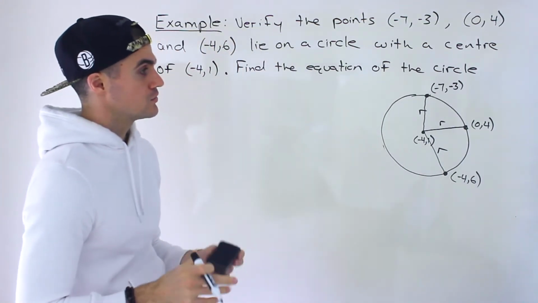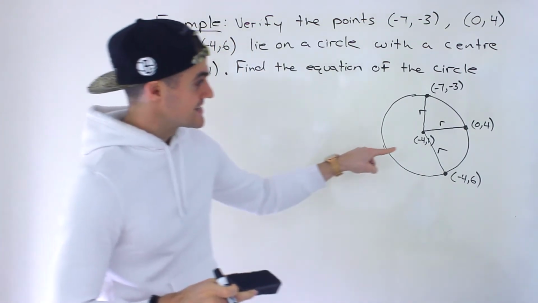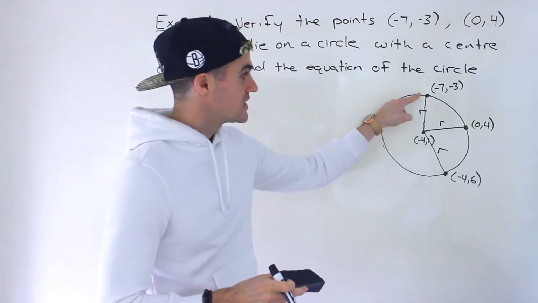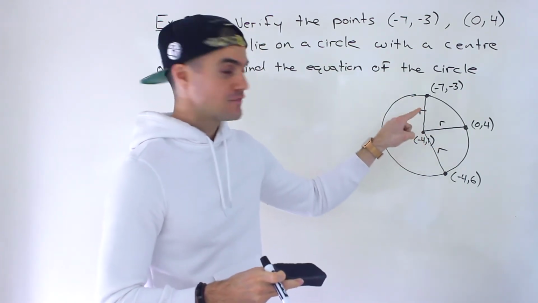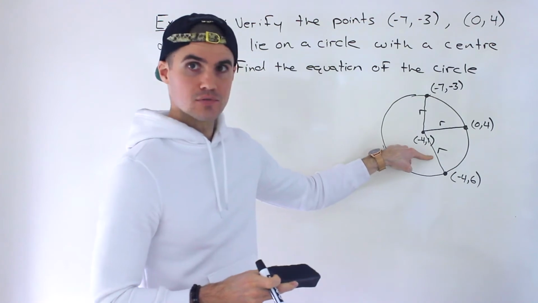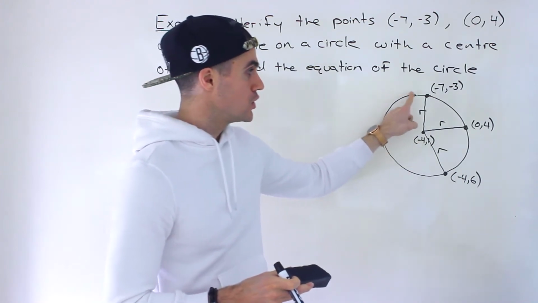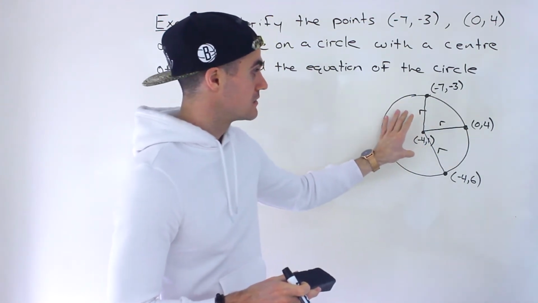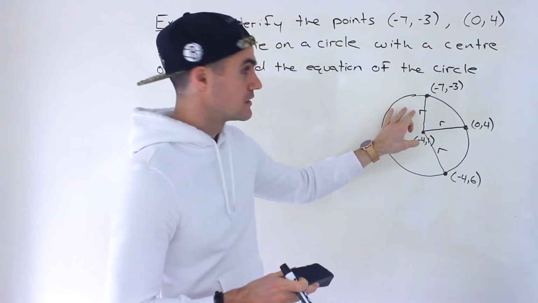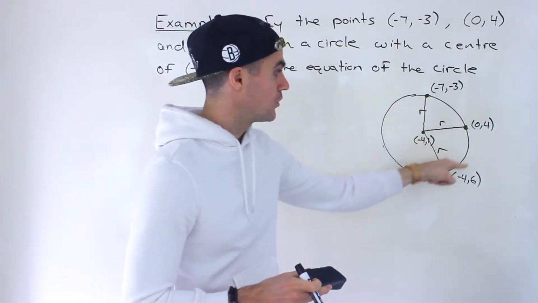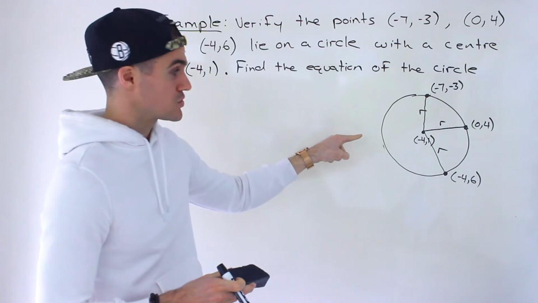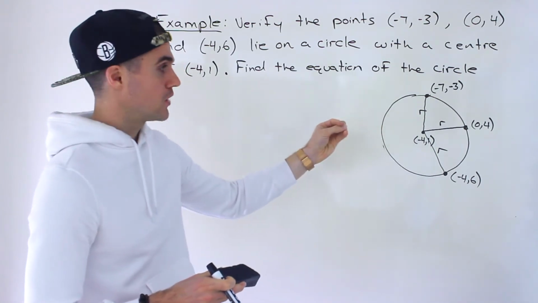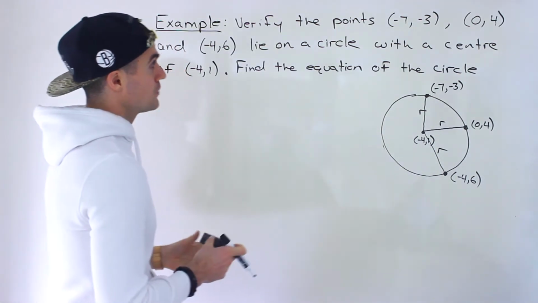So what we can do is we can find the distance from the center to each of these points, and if the distance is the same to each of the points, then we know that that represents the radius, and so those 3 points would be on that same circle with that same radius. Okay, so that's all we have to do.